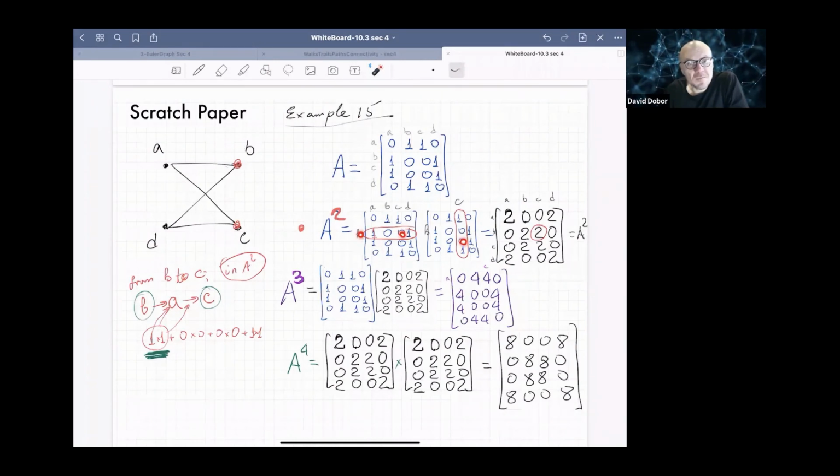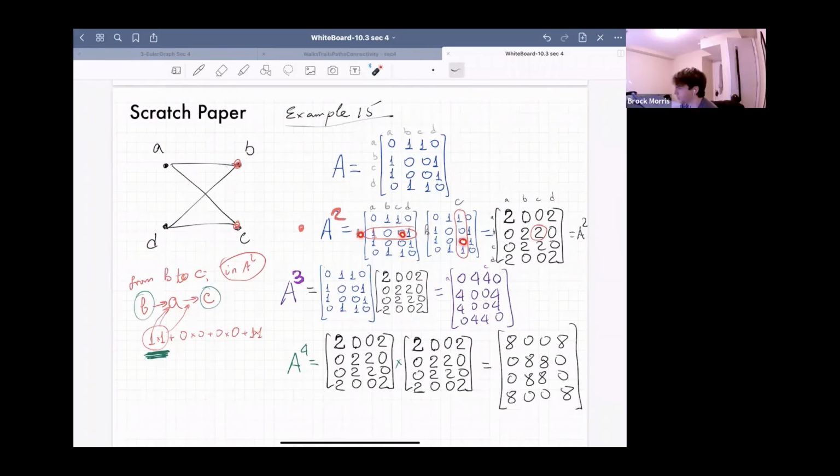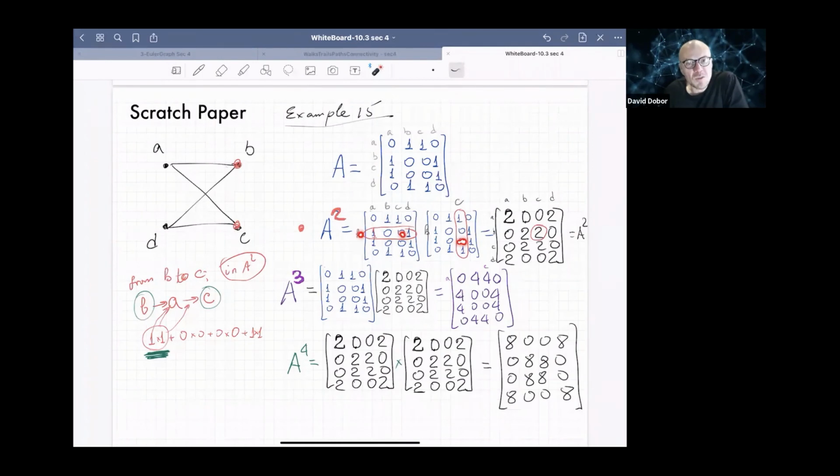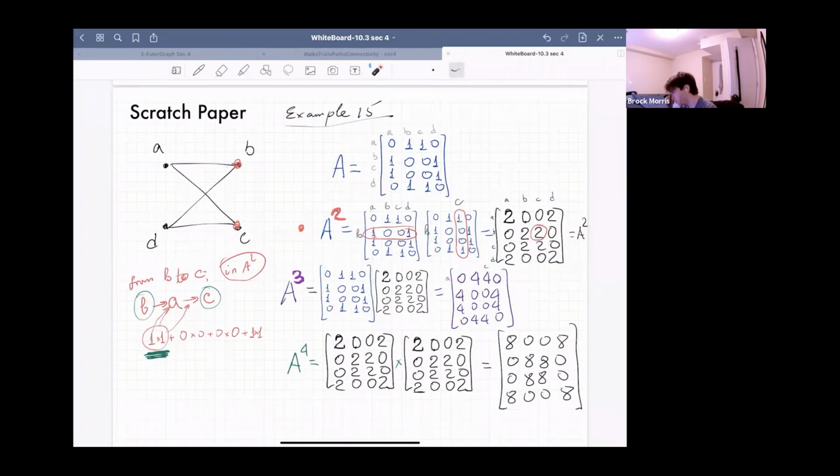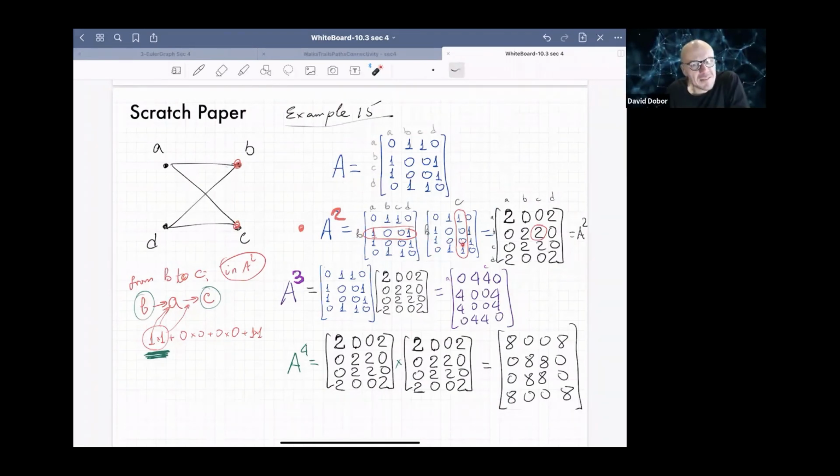You're correct, to C, but from where? From C to C. So this 0 corresponds to C to C. There are no paths from C to C. There's no loop. This other 0 corresponds to B to C. There's no path from B to C.